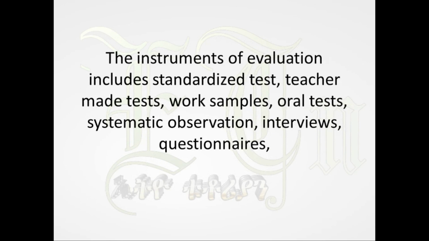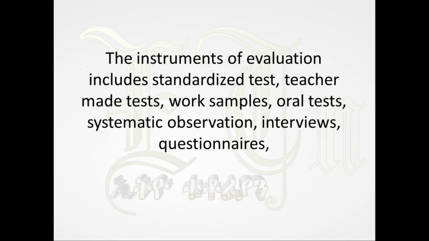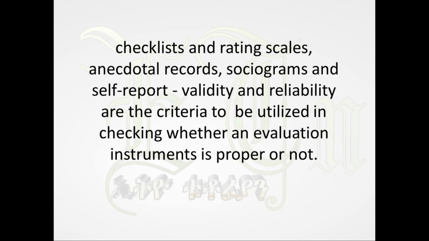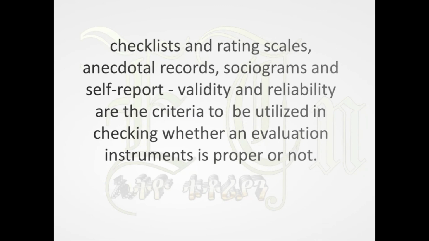The instruments of evaluation include standardized tests, teacher-made tests, work samples, oral tests, systematic observation, interviews, questionnaires, checklists and rating scales, anecdotal records, sociograms and self-report. Validity and reliability are the criteria to be utilized in checking whether an evaluation instrument is proper or not.